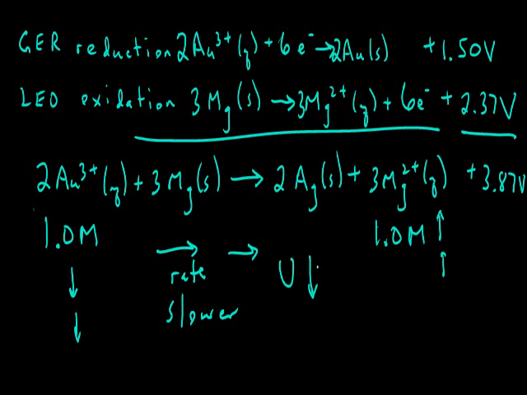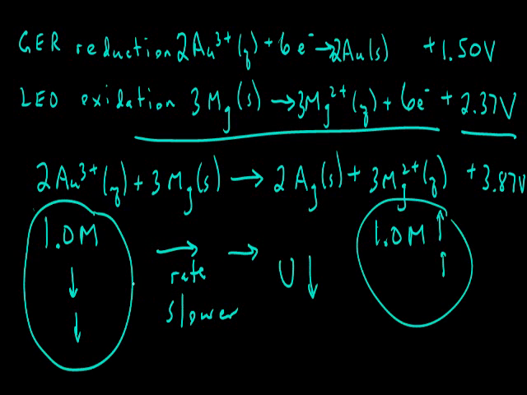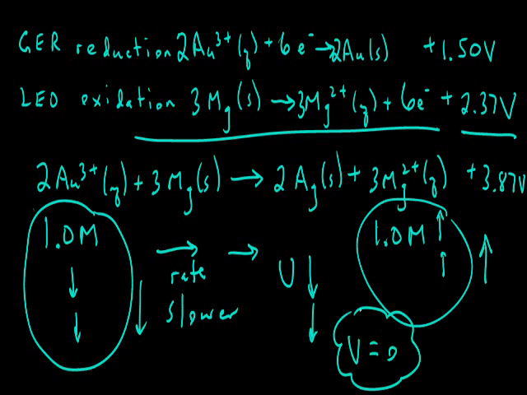This is what happens over time as the reactants in an electrochemical cell get consumed and turn into product. The reactant concentration goes down, product concentration builds up, the voltage drops. Eventually the voltage drops to where it's equal to zero, and that's at a point where we would say that the battery is dead. It's no longer usable.